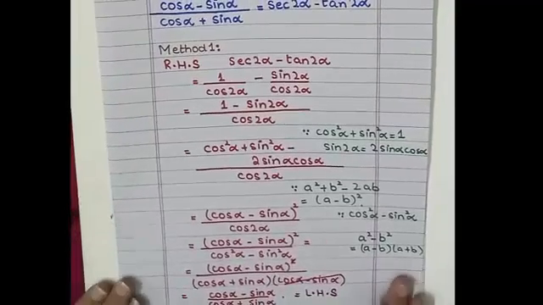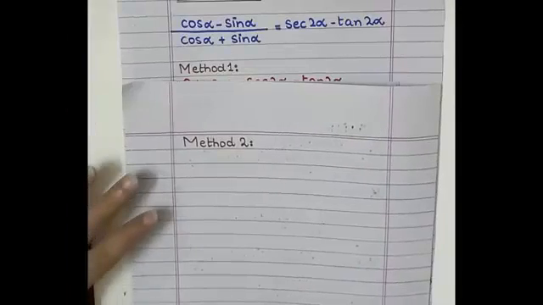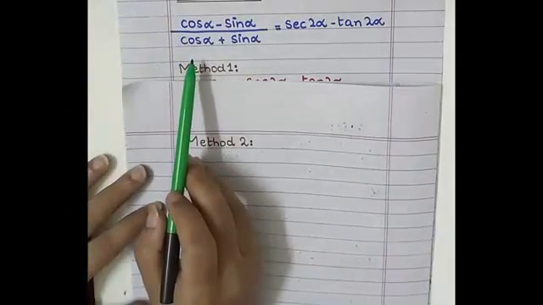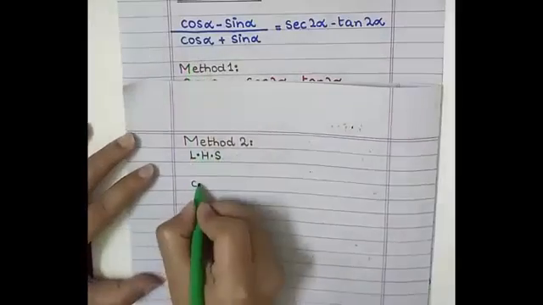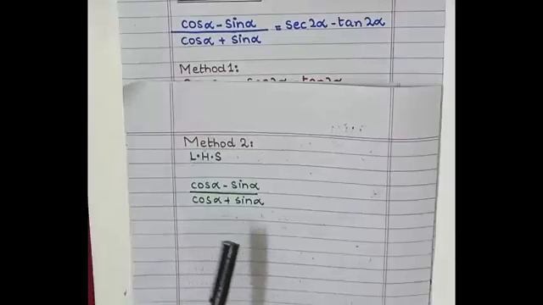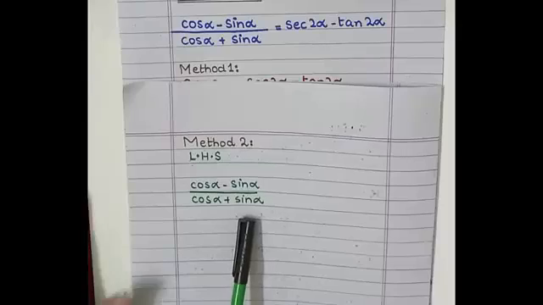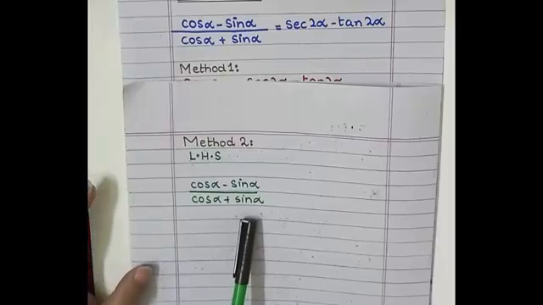Now we will do the same question with an alternative method. In method number 2, we will take the left hand side of the equation. When we start a question which is in the form of a fraction, to proceed further, the best way is to rationalize that term.